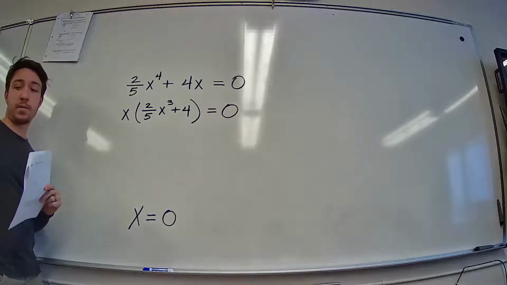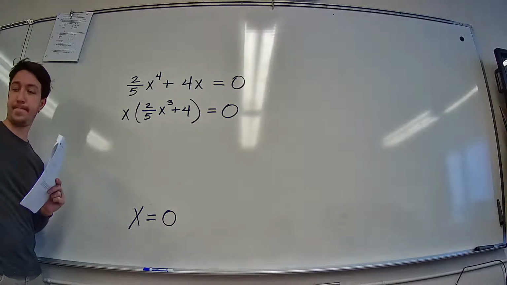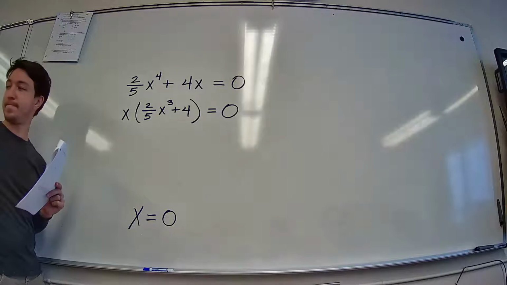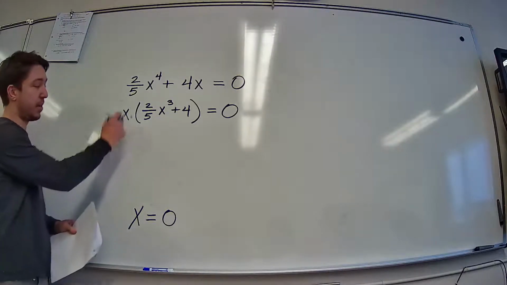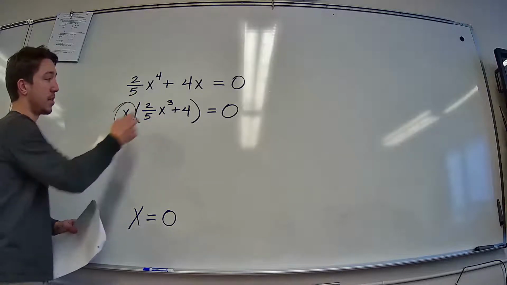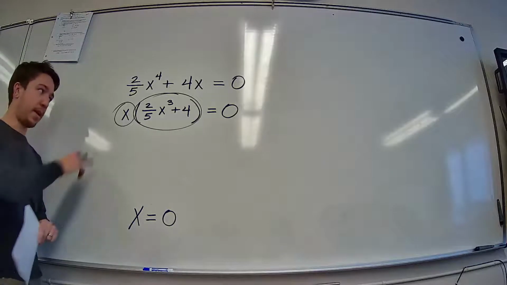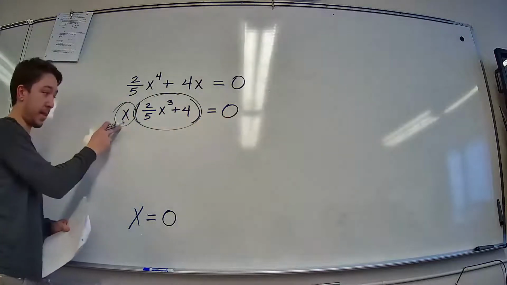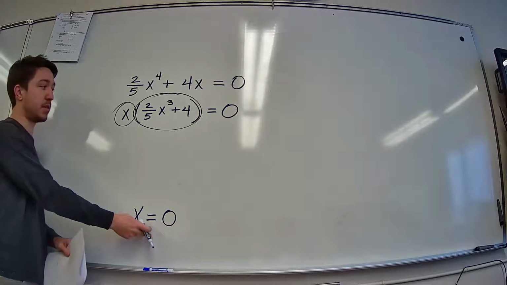Do you have any questions on that step? No? Okay. So I've got a thing multiplied by that big thing, and it equals 0. So either that thing is 0, that's one possibility, or what's the other possibility?